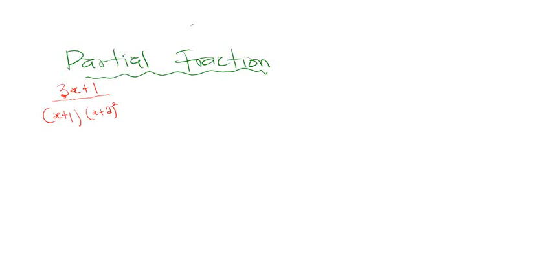Now, when you look at this type of fraction, we see that it is the type 3, because it contains a type 1 which also has repeated factors. So when you see the denominator having repeated factors, it means that you are having the type 3. Let's move on.